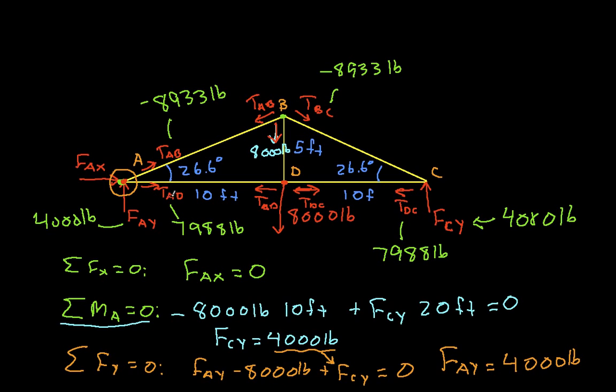The positive tensions, say this guy TAD, TBD, and TDC, positive tensions correspond, the way we've drawn this, to members that are being pulled apart.